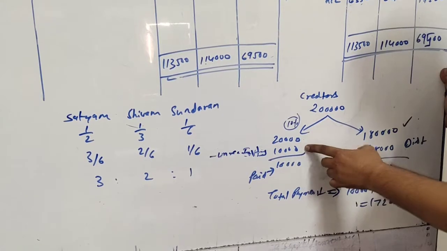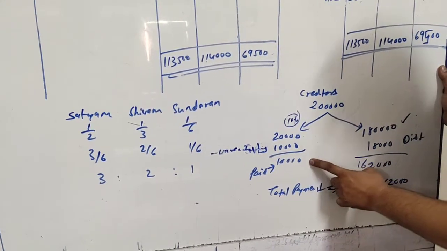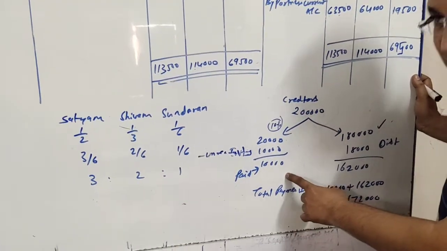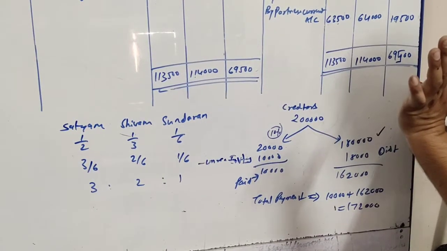So as the unrecorded investment is given, no entry will be there. Now the remaining amount is 10,000, and the balance amount is paid to them. So 10,000 will be paid to the creditors of 20,000.